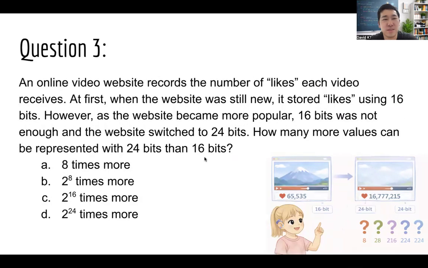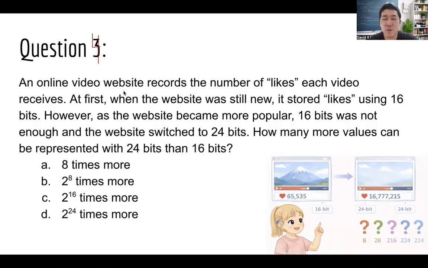Oh, are there two? It says question 3 twice. I'll change that in the future. So this should be question 4. Anyway, an online video website records the number of likes each video receives. At first, when the website was still new, it stored likes using 16 bits.